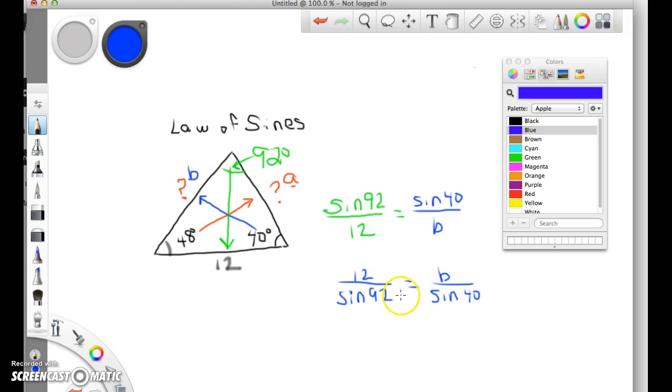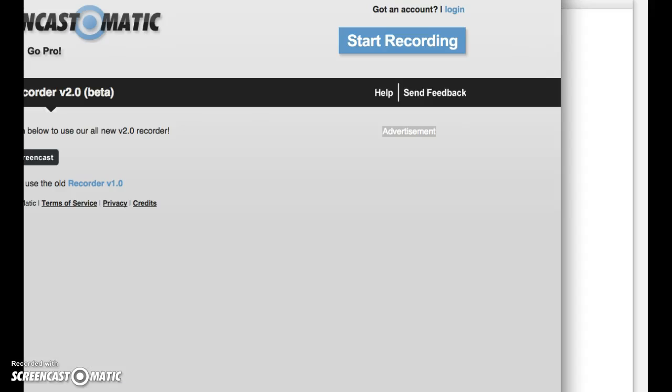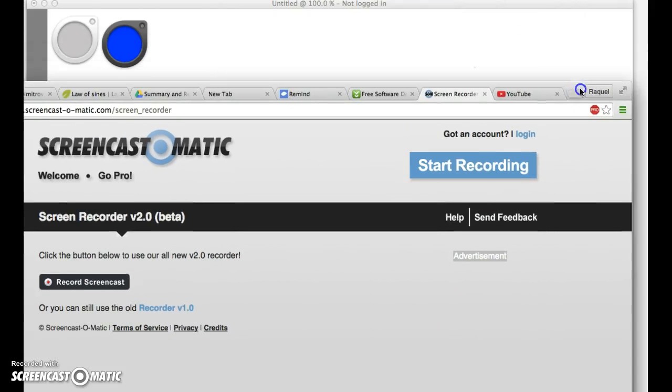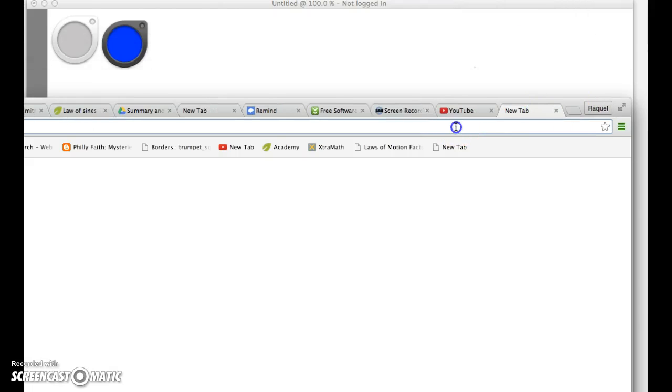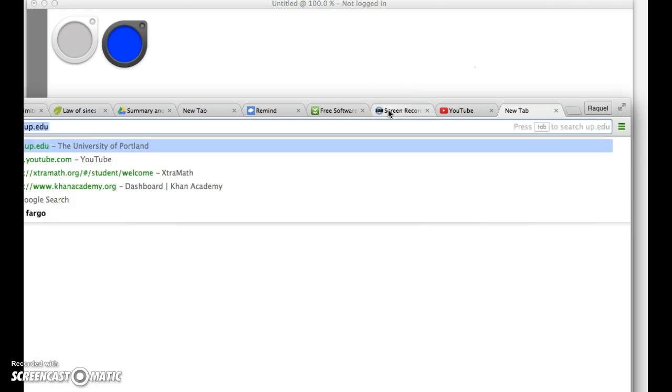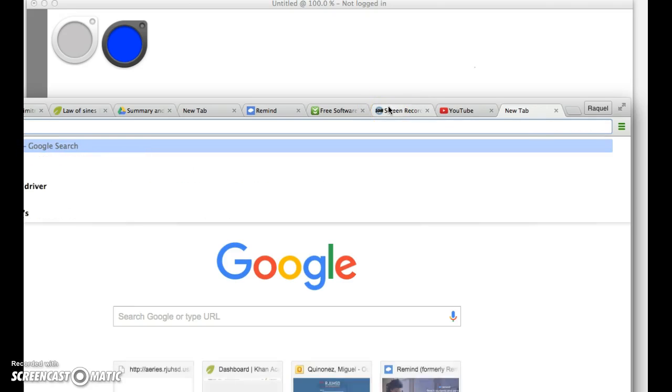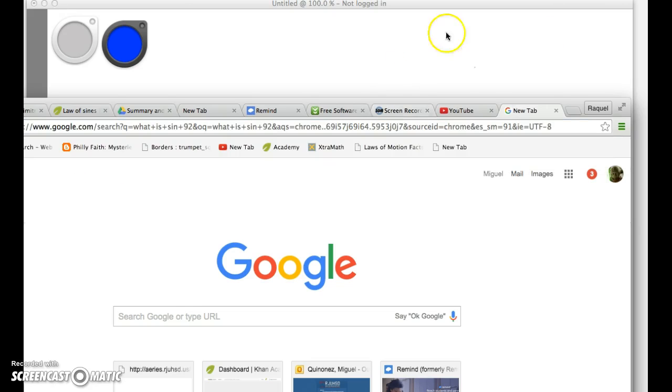Alright, so now we just have to figure this proportion out. I need to know what the sine of 92 is. You guys have calculators. I'm going to have to go to Google, so let me just type it out. Sine of 92?